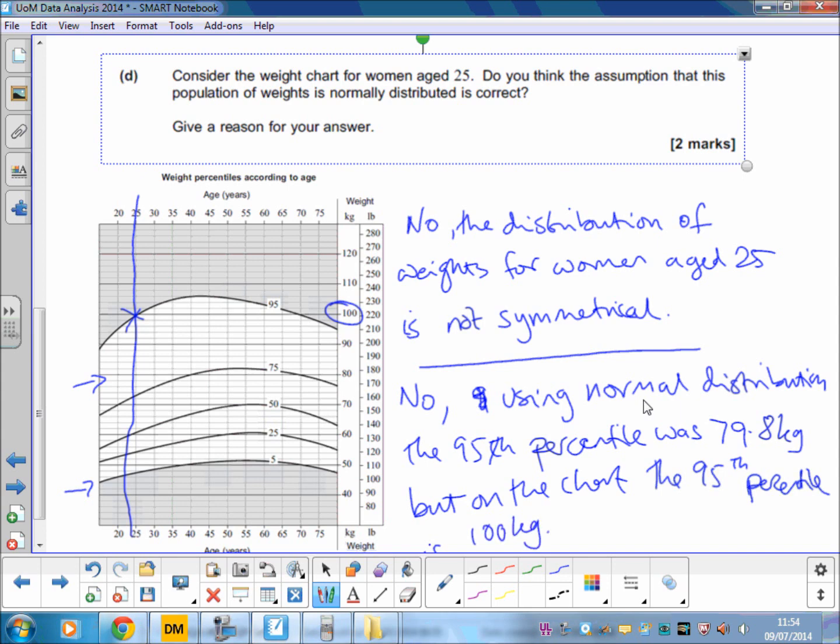So those two numbers are different, so it can't be normally distributed. You only need one of these answers, not both.